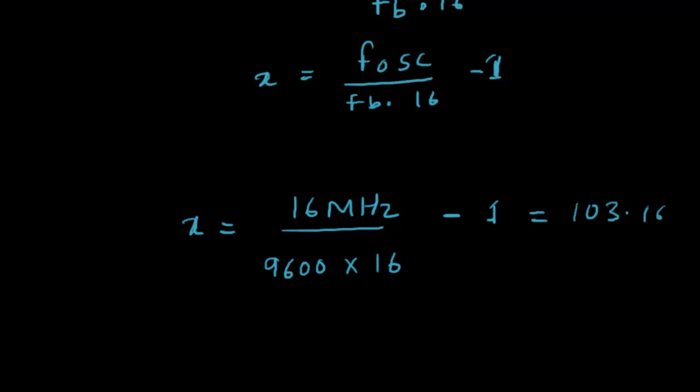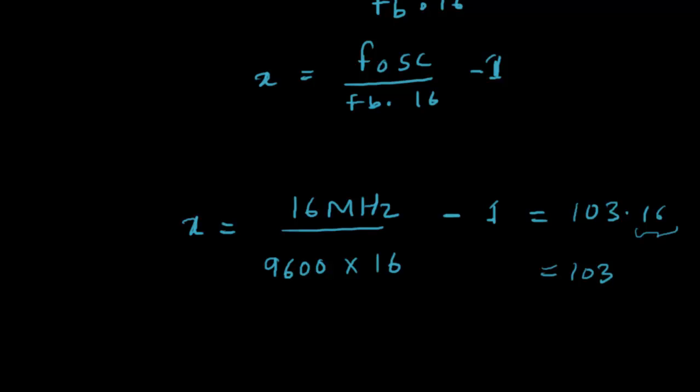We cannot put a decimal value in a register, so we put the value 103. Now this 0.16 generates a little error, but usually the communication is safe and we transmit data in good condition. So this is the value if we need 9600 as a baud rate on a board which has a 16 megahertz crystal.